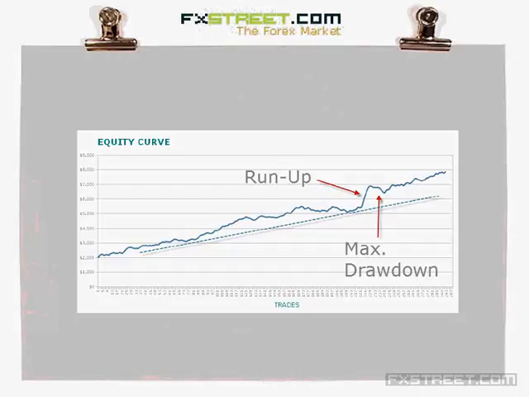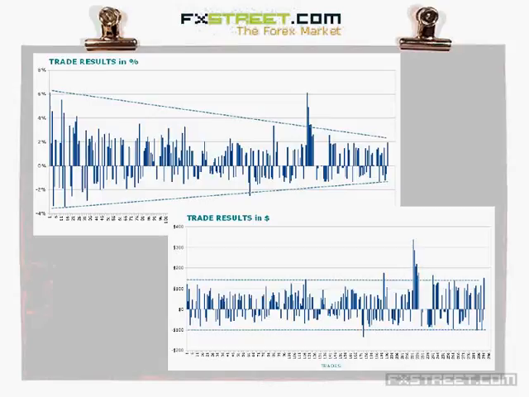Trading always the same lot size, and you see the equity curve is quite straight. It's an ascending curve, which can be supported with a linear ascending line.